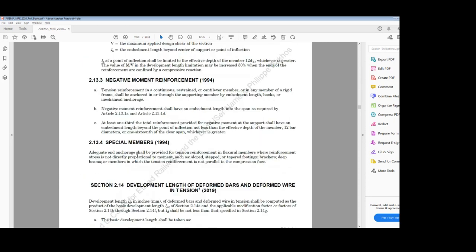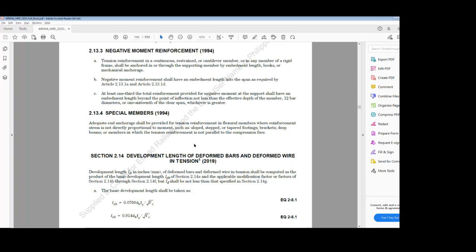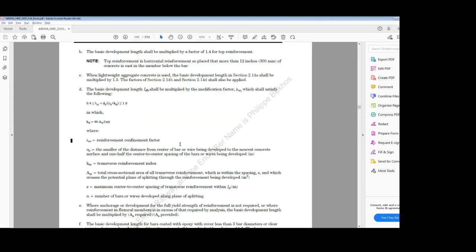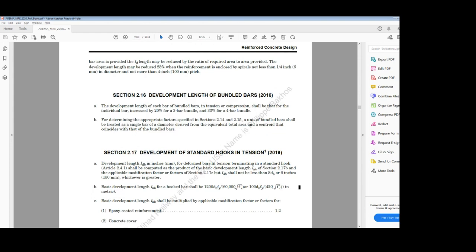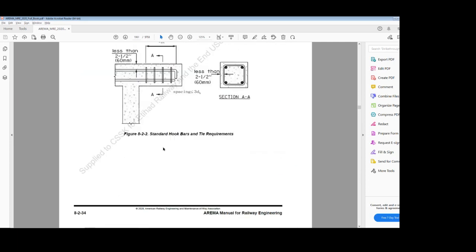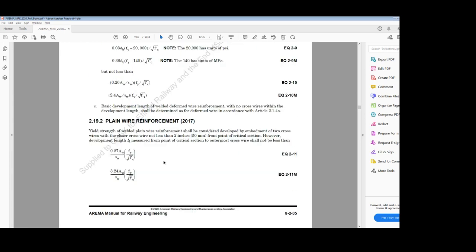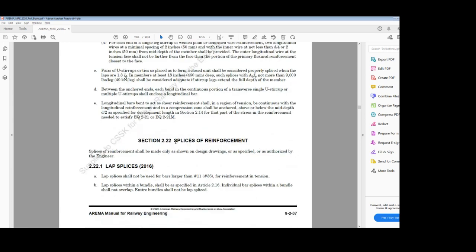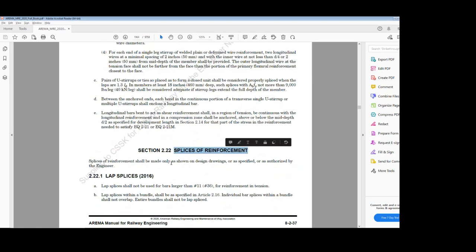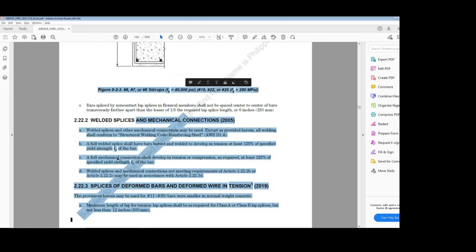You may know that development length for tension bar and compression bar is different, so this is for tension bar, bundled bar, then standard tension, all those. So basically detailing criteria is given here for welded wire reinforcement, plain wire reinforcement, and what the splices should be, where we can use mechanical couplers, all those things are given here.